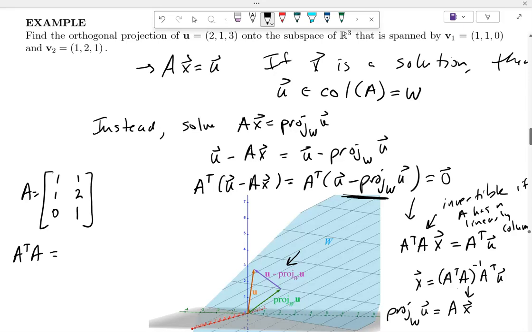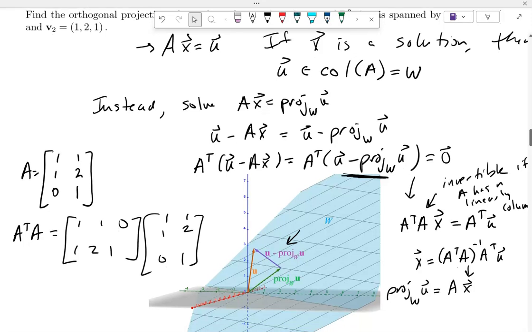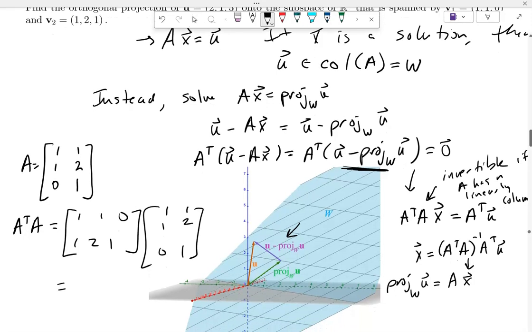You'll have 1, 1, 0, 1, 2, 1 times the other one. What do we get? 2, and then 3, and this better be 3, and then we get 6. By the way, A transpose A, we did this earlier in the semester, is symmetric, so I better get a symmetric matrix when I'm done.